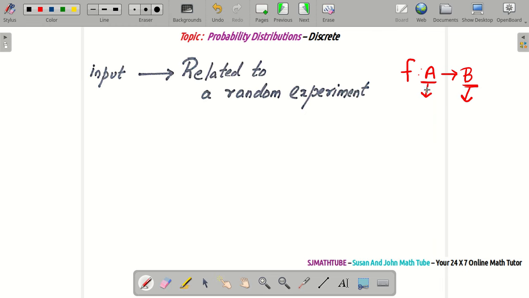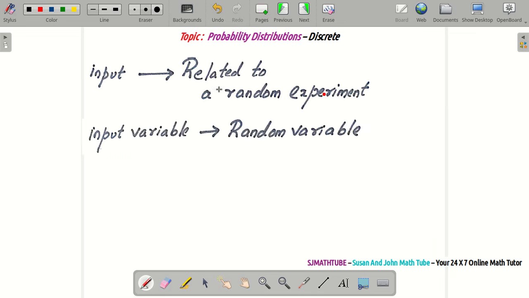So remember, the input values are called domain values, and in a probability distribution function the input values will be related to a random experiment, and the variable which we use to denote the input is called a random variable.